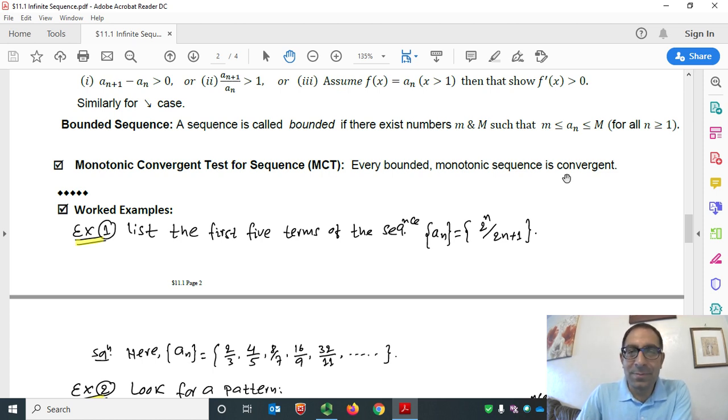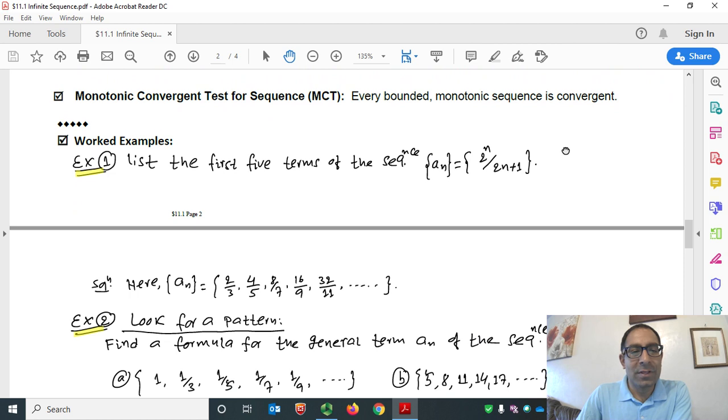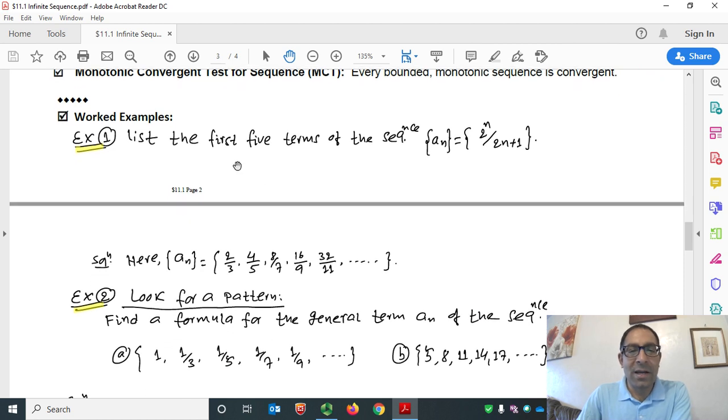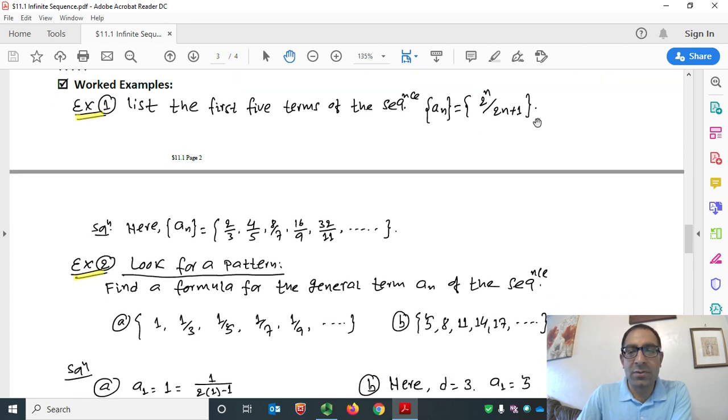So let's begin solving some of the problems. First example: list the first 5 terms of the sequence 2^n over (2n plus 1). So just put n equals 1, n equals 2, n equals 3, n equals 4, and so on.